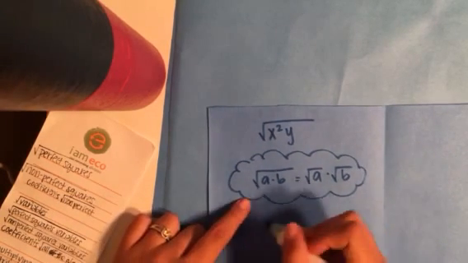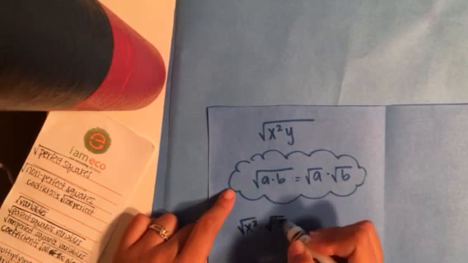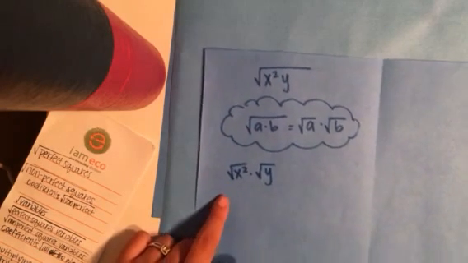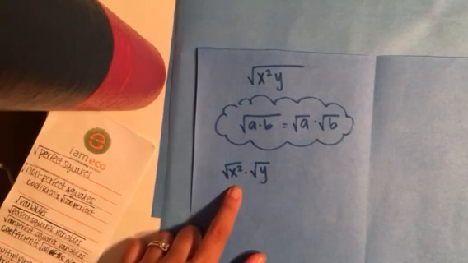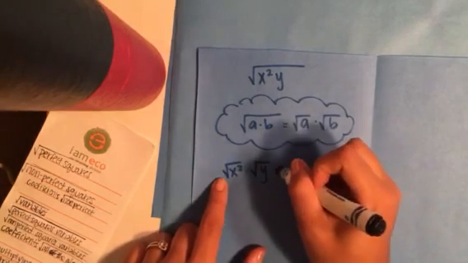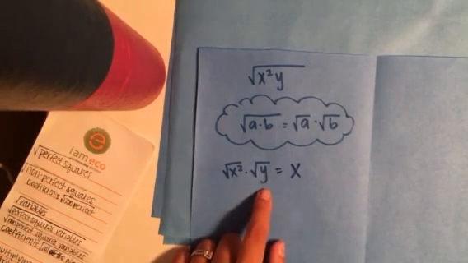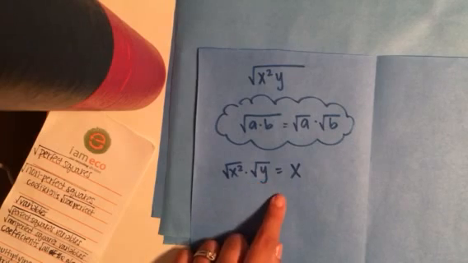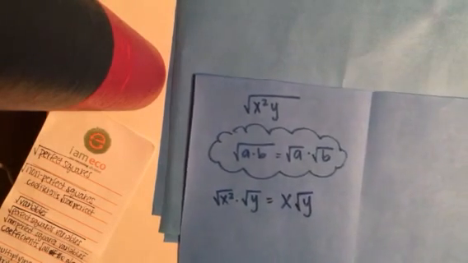So we can rewrite this as root x squared times root y. There are two x's under here, a pair, so we can pull them out of the radical and just call that x. And we can't really do anything with the square root of y. Nothing times itself will give us y. So we're done.